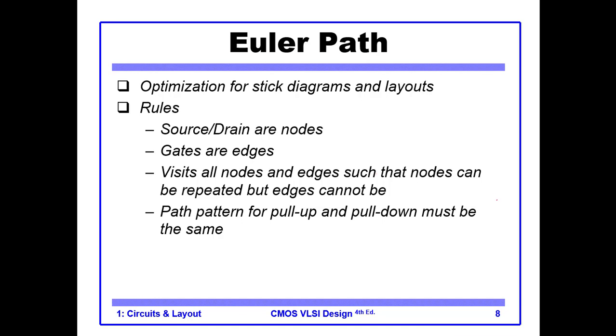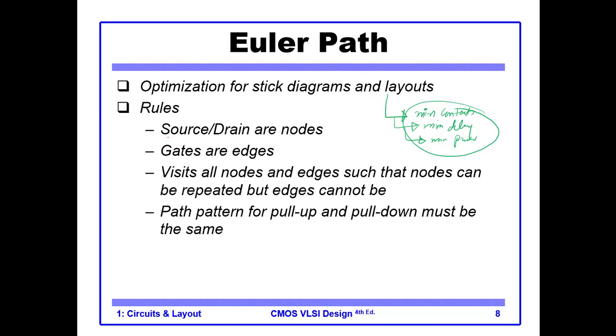Because the Euler path can give us a layout which has minimum, let's say, contacts, which translates to minimum delay. Minimum delay means your circuit is fast. It also translates to minimum power consumption. So basically it optimizes the layout to give you enhanced electrical properties. So what is the Euler path or Euler graph?